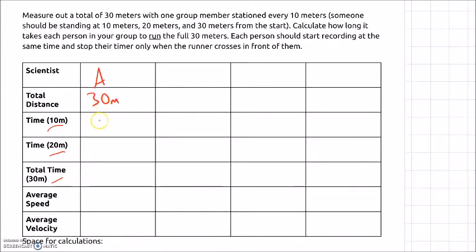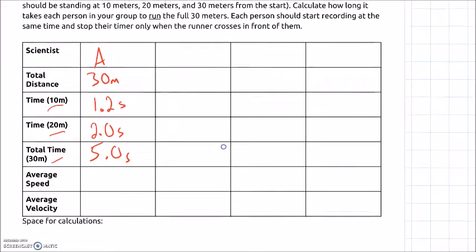So let's say it took me 1.2 seconds this time to run 10 meters. It took me 2.0 seconds to run 20, and then it took me, I got pretty tired, 5 seconds to run the entire 30 meters.